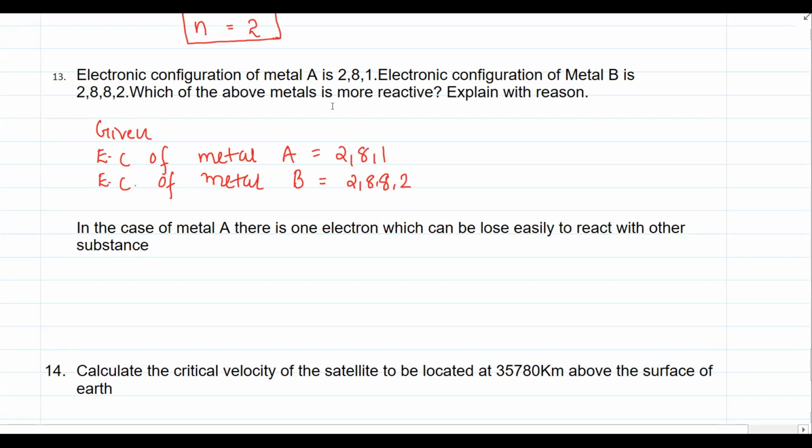But in the case of the other metal, metal B, it has 2 valence electrons.